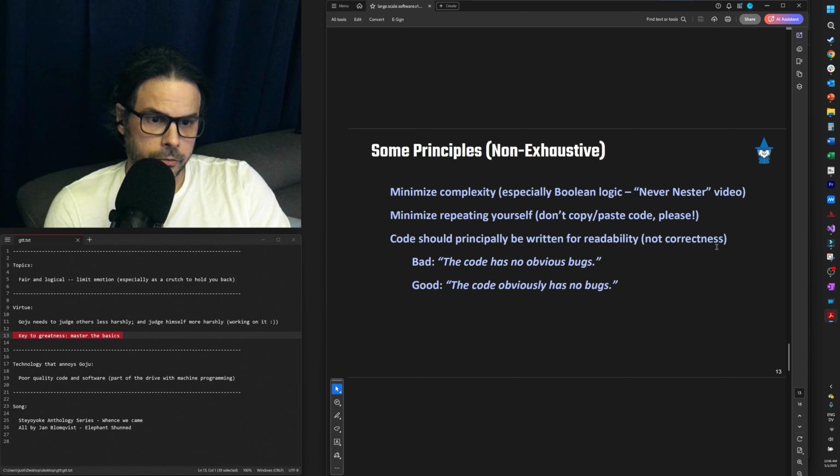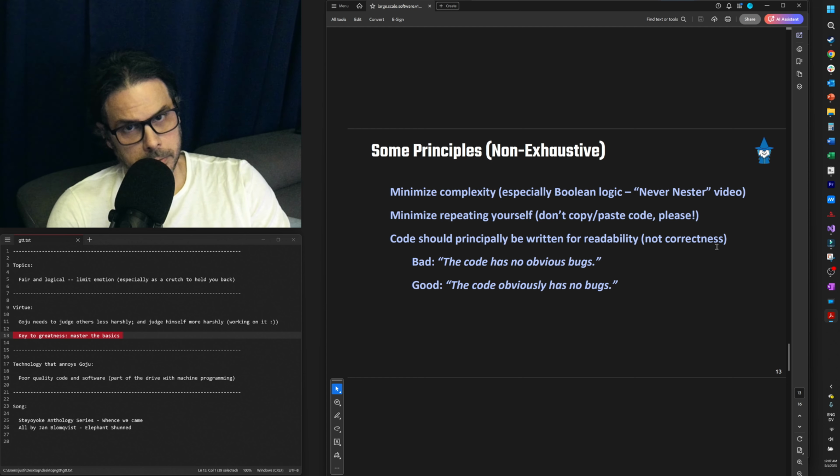It's my belief that code should actually be principally written for readability first, not correctness first. That's right. I think that the correctness of the code should be second to the readability of the code.